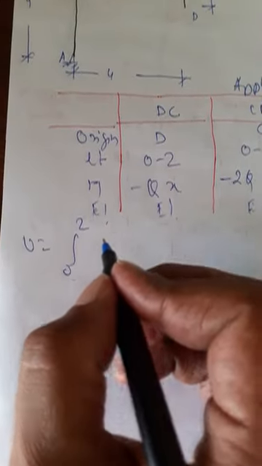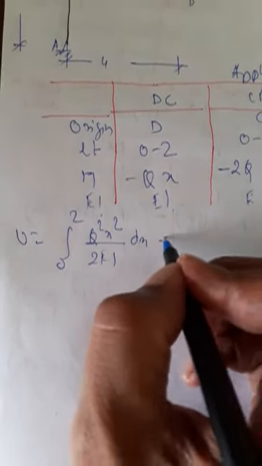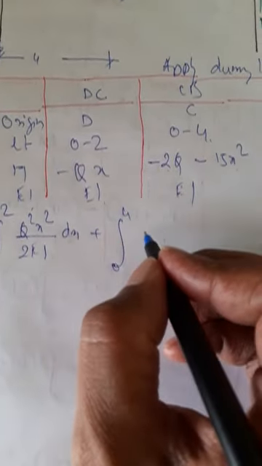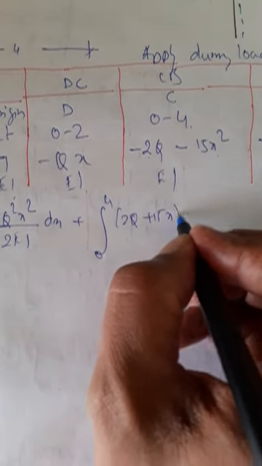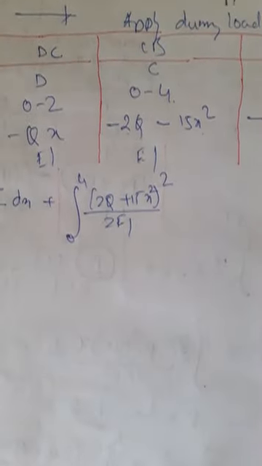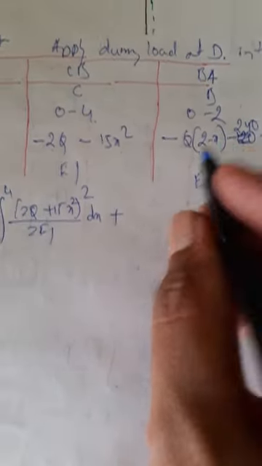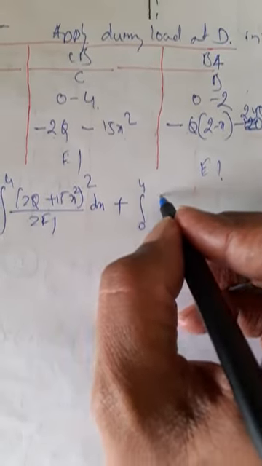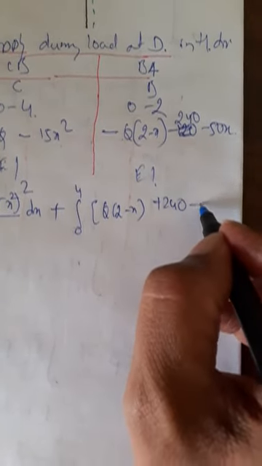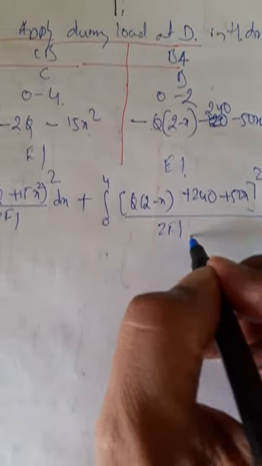M square is Q x bracket square: Q square x square by 2EI dx, plus 0 to 4 of 2Q plus 15x bracket square, actually 15x square, divided by 2EI dx, plus again minus outside the bracket, 0 to 4, Q into 2 minus x plus 240 plus 50x whole bracket square divided by 2EI.